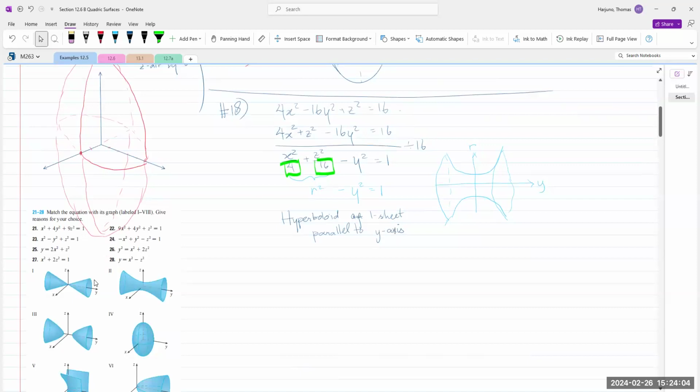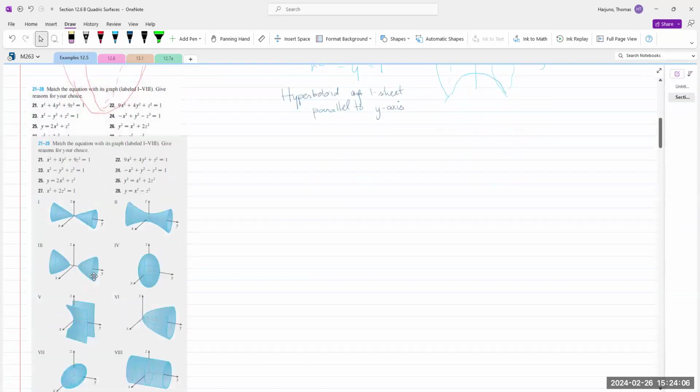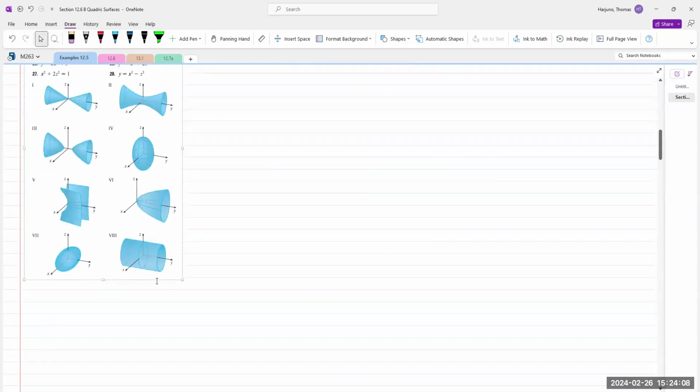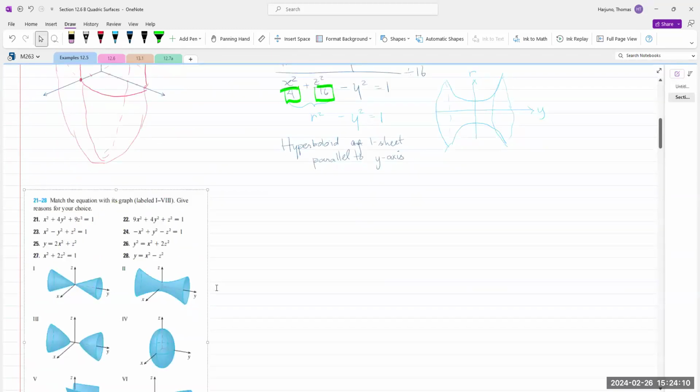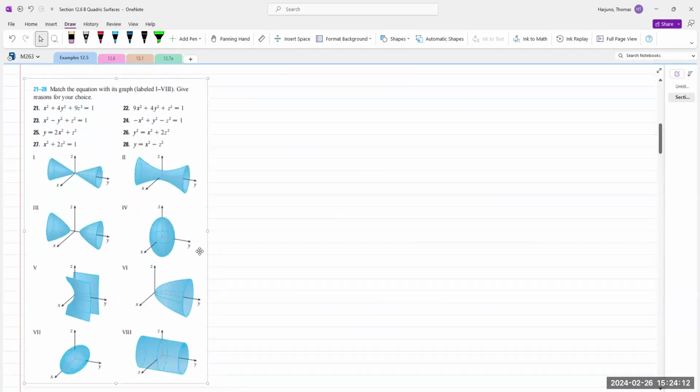Number 21 and on, it's basically doing the matching, and I think this is actually more fun. We don't really need to know precisely what it looks like, but we guess what it looks like. So I think we can do it fast here. Number 22, that's 9x squared plus 4y squared plus z squared equals 1.